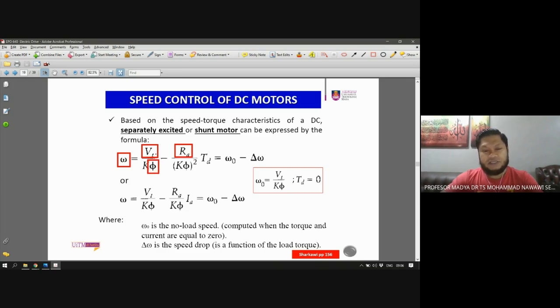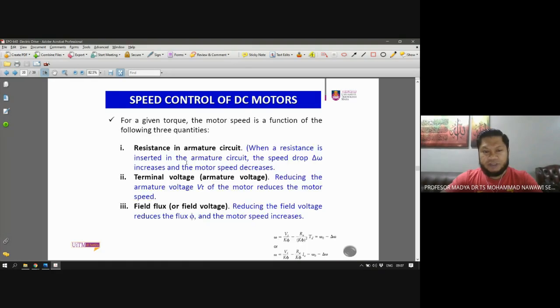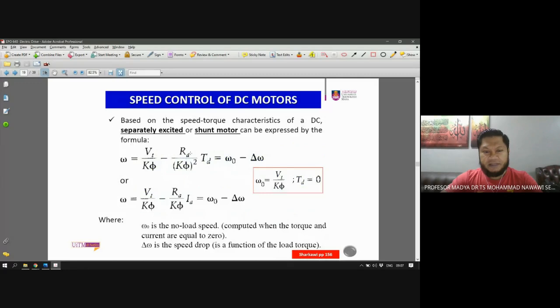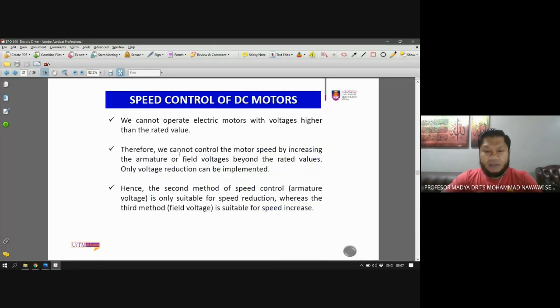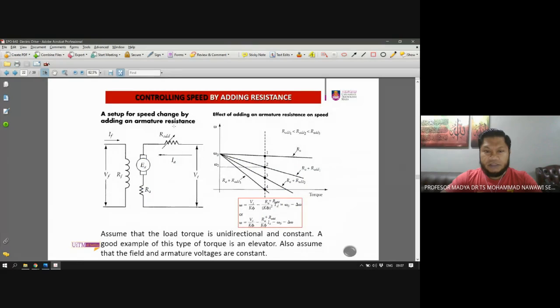So these are the three parameters that can change or vary the speed of your motor. We have looked into the first one, the armature resistance in the armature circuit, whereby you just add resistance. This is controlling speed by adding resistance.